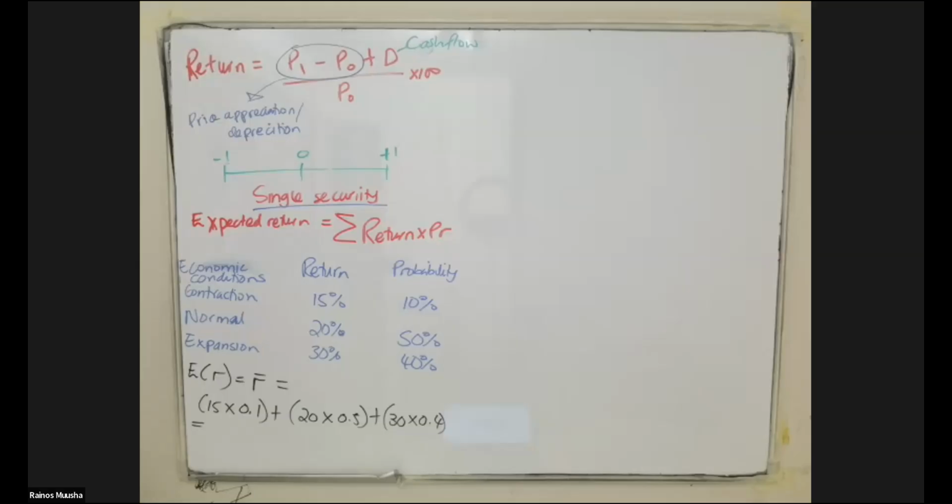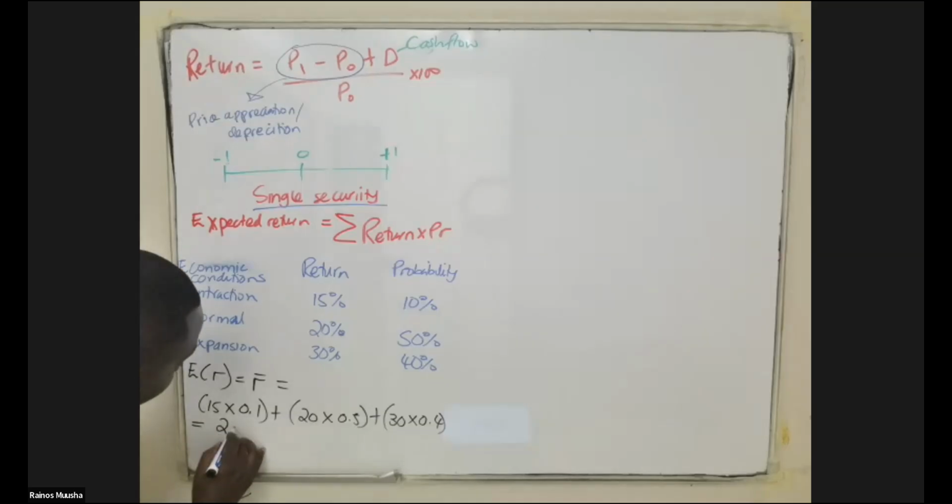How much is our expected return? 23.5 or 24. So our expected return will be 23.5%.